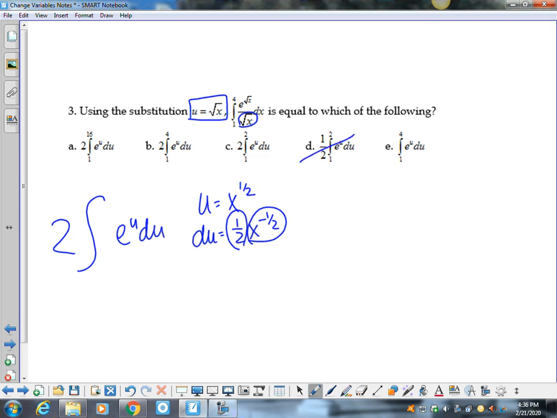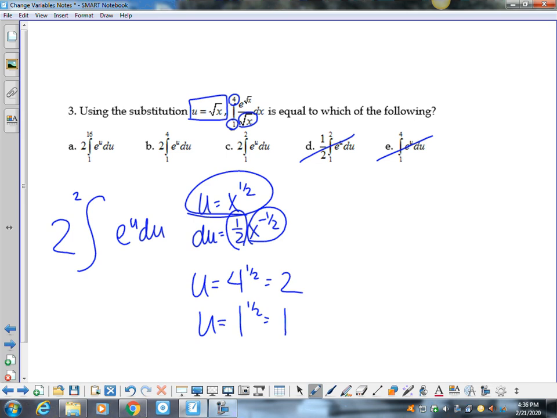So I don't like him, and I don't like him. So now I just got to figure out which lower and upper bounds. Okay, so the 1 and the 4 that you see here are x's. I'm going to turn them into u's by using this equation. So u equals 4 to the 1/2. That's a 2. And u equals 1 to the 1/2. That's a 1. So I want to go from 1 to 2. C.